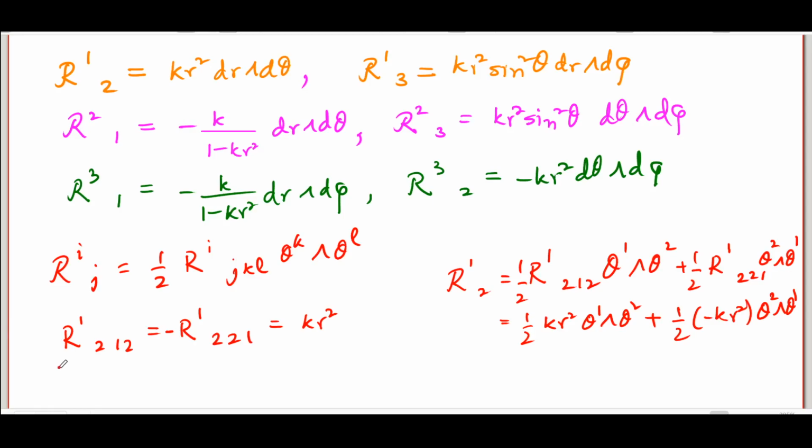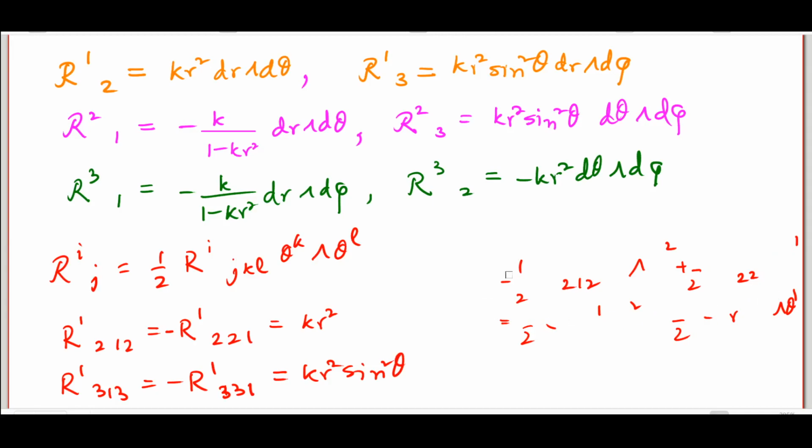Now, what about R13,1,3 and minus R13,3,1? They are of course given by kr squared sine squared theta. You can immediately read off these terms. Okay, let's just get rid of this part of the calculation here and write down the other Riemann-Christoffel curvature tensor components.